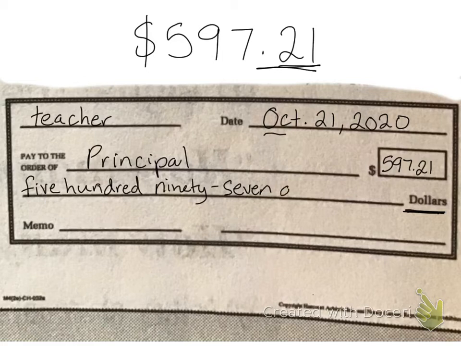So I'm going to say the word and, which tells us there's a decimal. And then I put this 21 over 100. We do this because there are 100 pennies in a dollar, and I have 21 cents. So it's 21 over 100. Okay, and then it says dollars already for us. So I don't need to write it again.